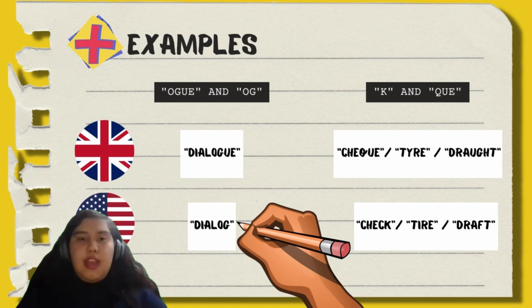Another distinction is not a common one. Words ending in -ck in American English may end in -que in British English. Check, cheque. Tire, tyre.